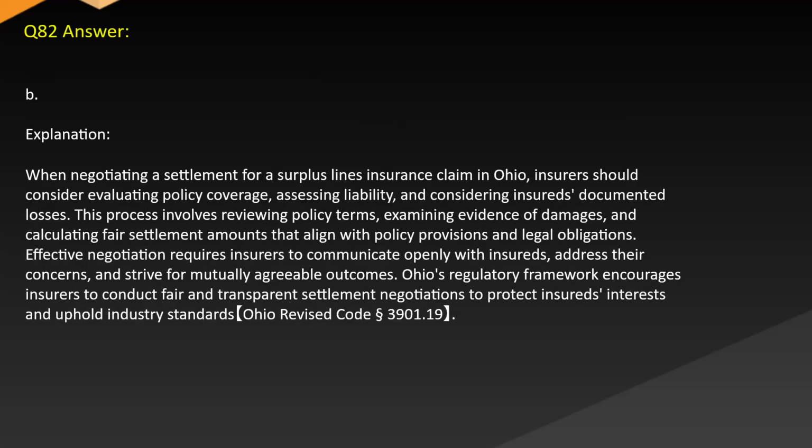Answer: B. Explanation. When negotiating a settlement for a surplus lines insurance claim in Ohio, insurers should consider evaluating policy coverage, assessing liability, and considering insured's documented losses. This process involves reviewing policy terms, examining evidence of damages, and calculating fair settlement amounts that align with policy provisions and legal obligations.